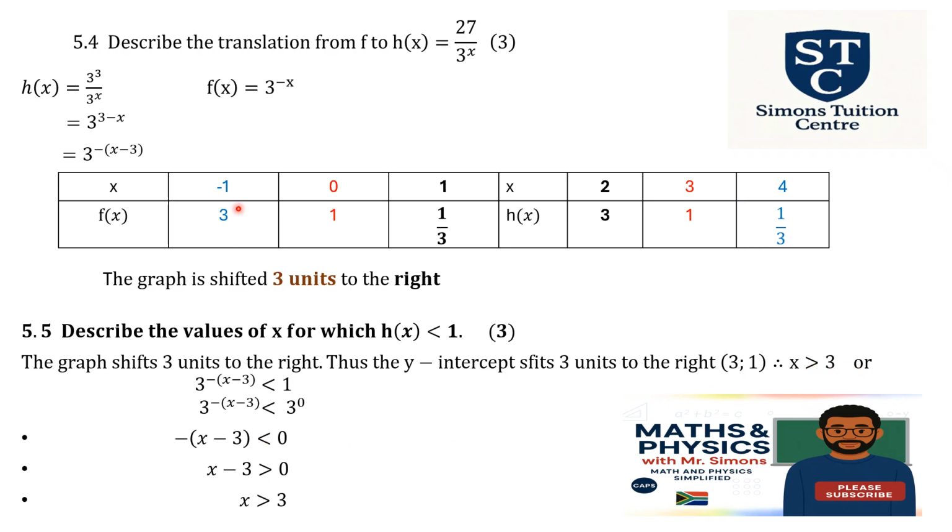Or we could have used the equation 3 to the negative (x minus 3) less than 1, because that's h of x. Then 1 can be written as 3 to the power 0, because anything to the power 0 is 1. From there, negative (x minus 3) is less than 0. If I divide by a negative, the inequality sign changes, so x minus 3 is greater than 0. If I add 3, x is greater than 3. So those are the values for which this graph will be less than 1, where x is greater than 3.